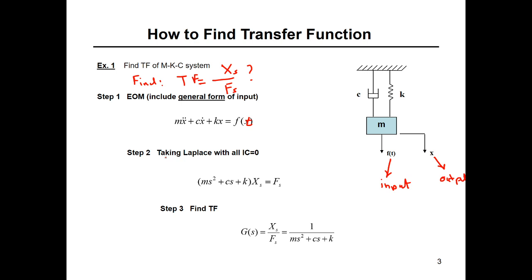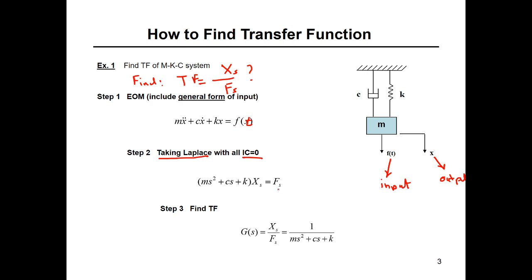How are you going to find the transfer function? First, take the Laplace transform, assuming zero initial conditions. Take X of s out. And the Laplace transform of f of t, which is a function in the time domain, is F of s in the s domain.